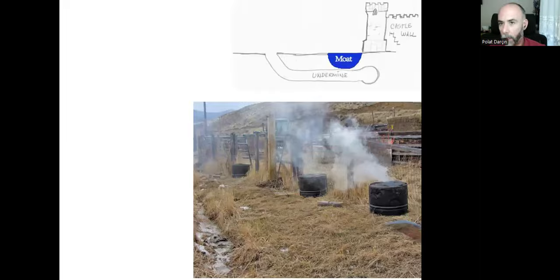In old times, again, if the armies wanted to conquer a castle, they did this. They started digging tunnels into the ground so that they could conquer the castle from inside. However, especially in the northern countries like Russia, since it's very cold, soldiers wouldn't be able to dig the frozen soil.